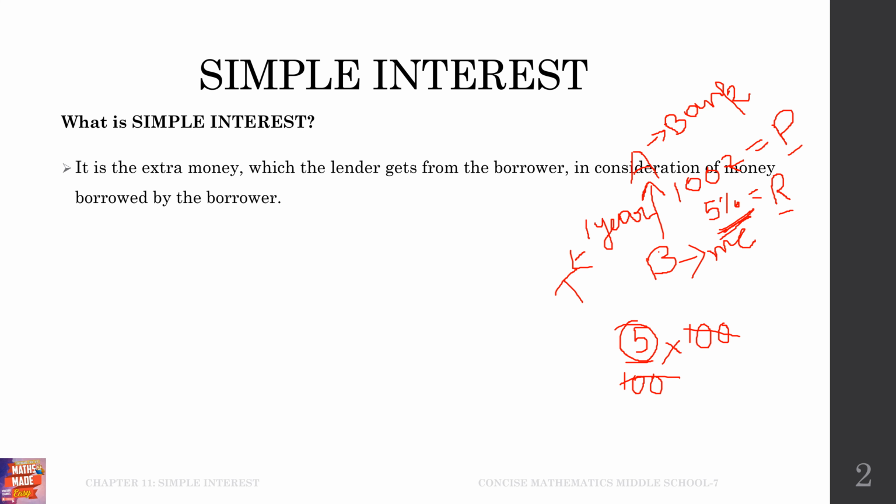Let me take my pen. So we are going to pay 5 rupees for every month. January, February, March, April, May, like that. Every month. So we need to pay it for a year.